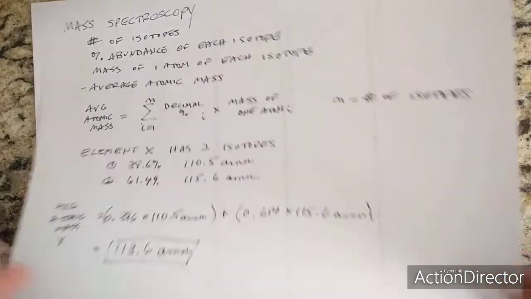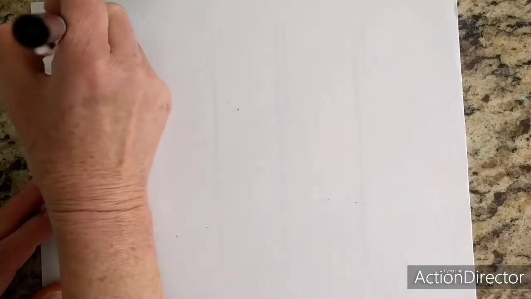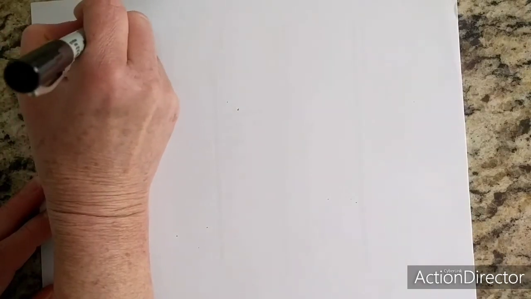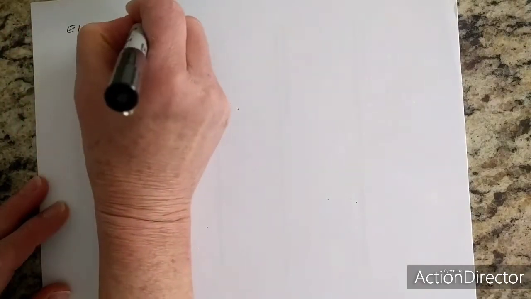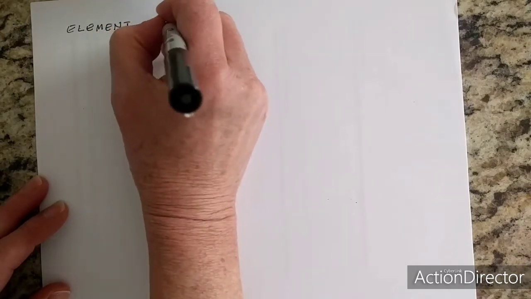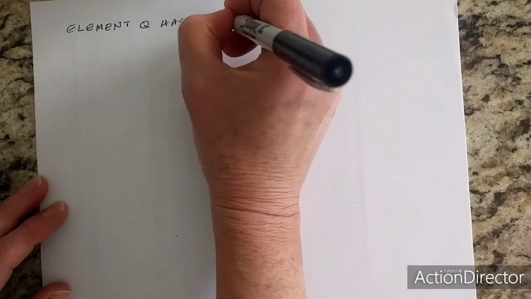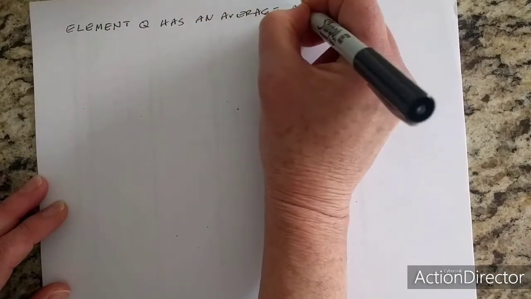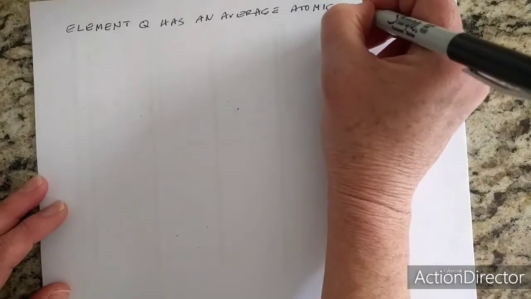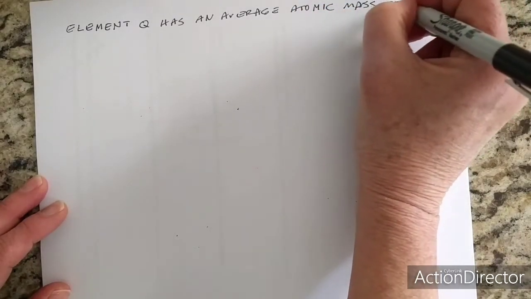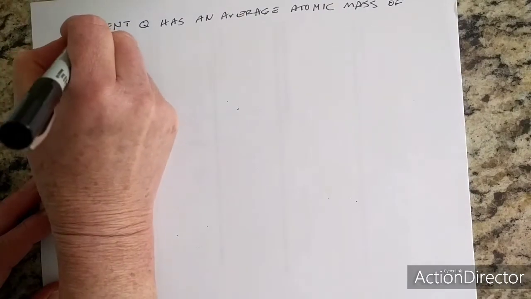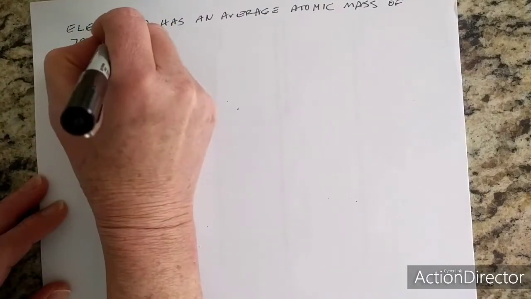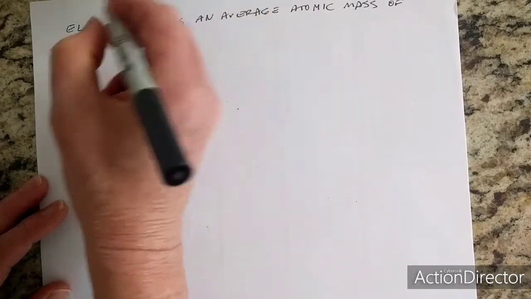Okay, so now let's do another problem that is a little bit trickier. So for this problem, we're going to say that element Q has an average atomic mass of 79.30 atomic mass units.